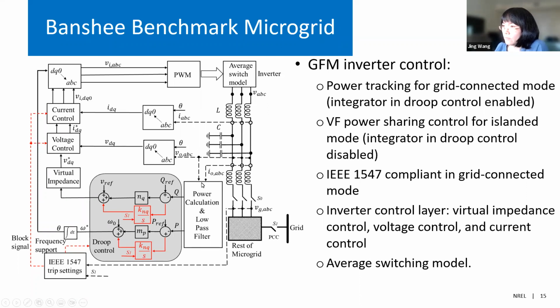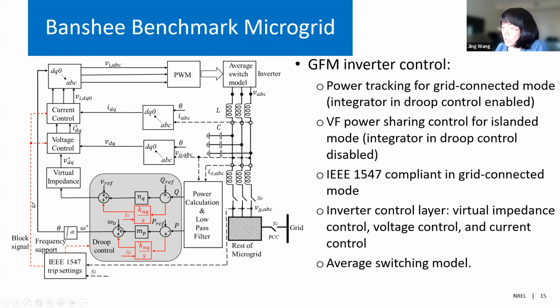And this grid forming inverter is 1547 compliant in grid connected mode, because many grid connected inverters have to be 1547 compliant. That's why we added that logic as well. As you can see here, it interacts with the controls for tripping and settings, tripping and low voltage ride-through, to comply with all the defined thresholds and settings.